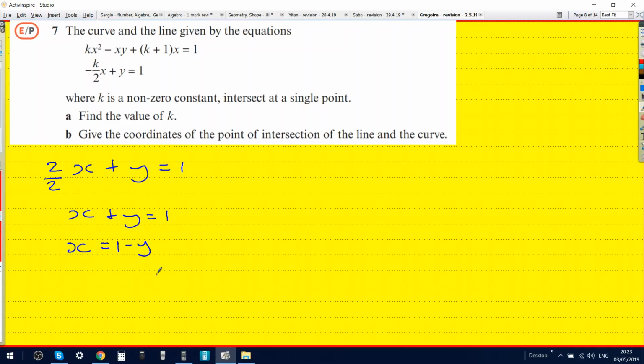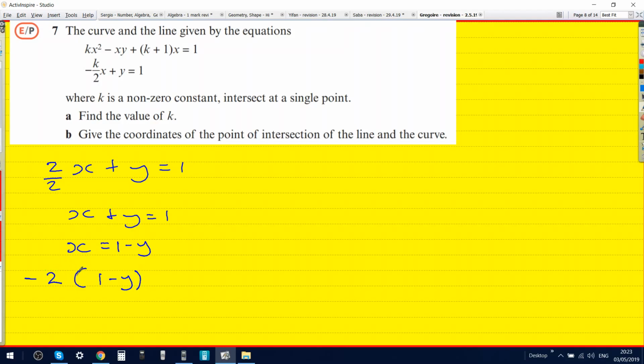And then we can substitute in x, so minus 2 times 1 minus y equals 1 minus y times minus 2. Hang on, what was it at the start again?